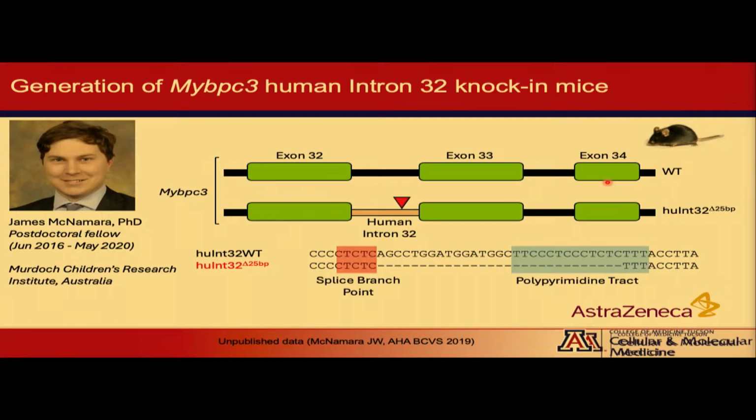You can see in the DNA sequence here, this is a splice branch point. The deletion is here, and the polypyrimidine tract is almost completely knocked down, which is a critical region for splicing.